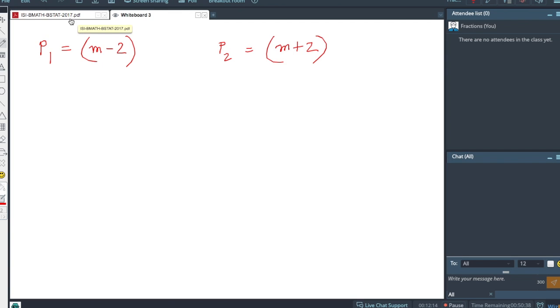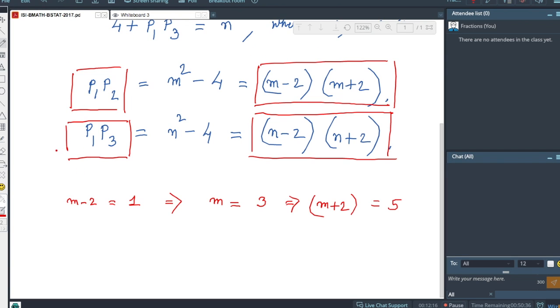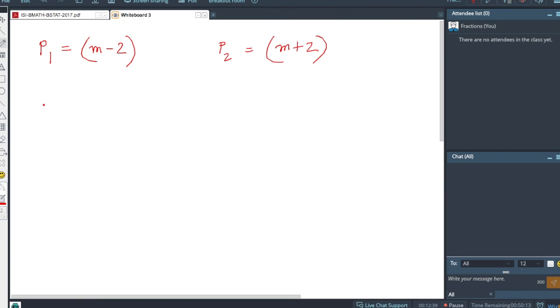Now from the second equation, that is P1 P3, there's one thing to look at, because P1 is also there in the second equation. If I choose my P1 to be n minus 2, then we have a problem.